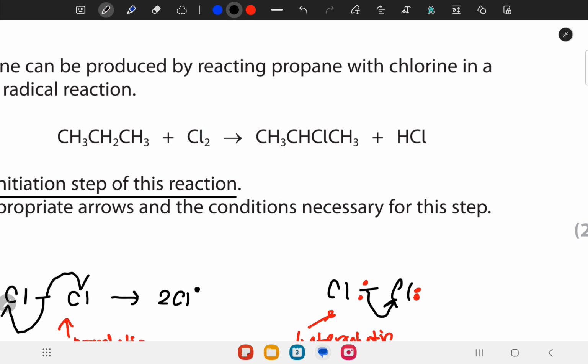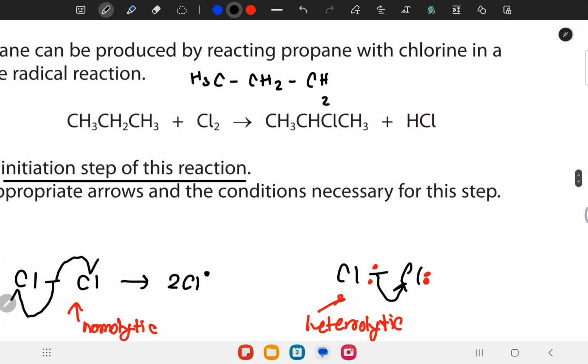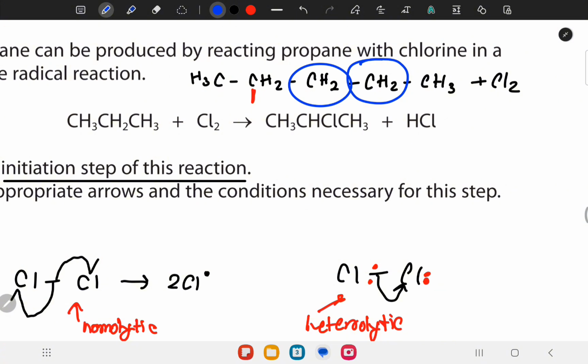If it was a longer chain, the problem would be even greater. So if I had a chain like this, if I want the chlorine to join carbon number 2, we might have a problem because we'll also have chlorine joining this carbon over here and this carbon over here.